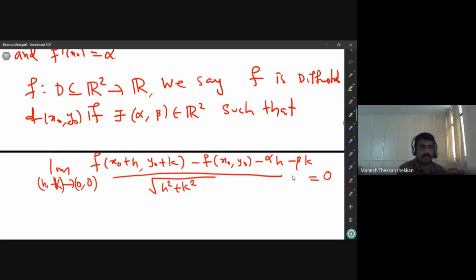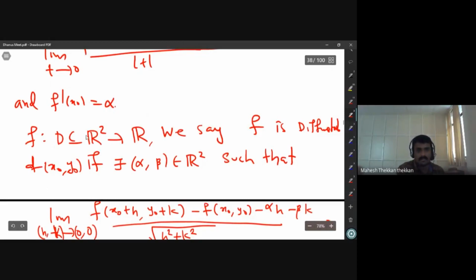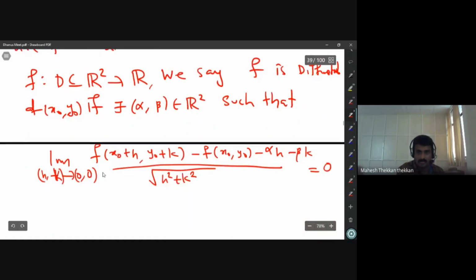So f is a function from D, a subset of R2, to R, and we say f is differentiable at a point x naught y naught if there exists a pair of vector alpha and beta in R2 such that this equation holds.